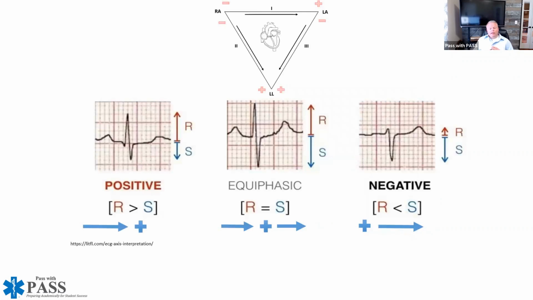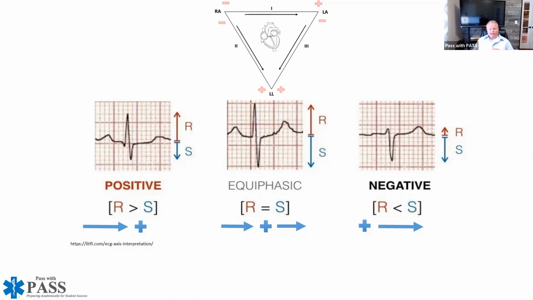All right, so if you recall back to last month, we talked about Einthoven's Triangle, and I'm not going to get real deep into this, but there are a couple things here that I think are important to point out. If you're looking at the triangle up in the top, remember that the right arm is a negative lead. So if I am looking at lead 1, that's the Roman numeral at the top of the triangle there, then the electrical impulse is going from the right arm over to the left arm, which is a positive lead.